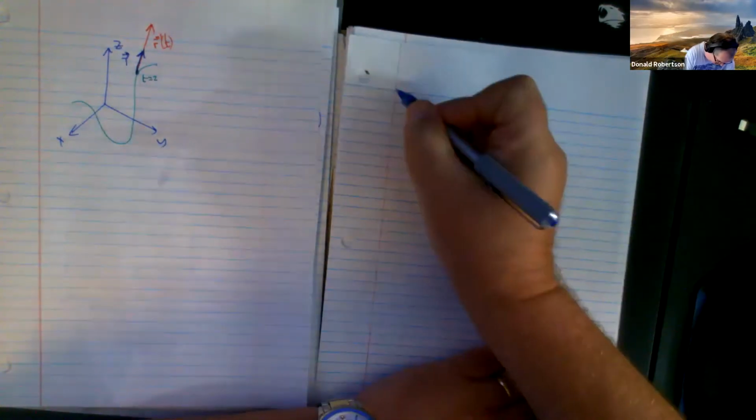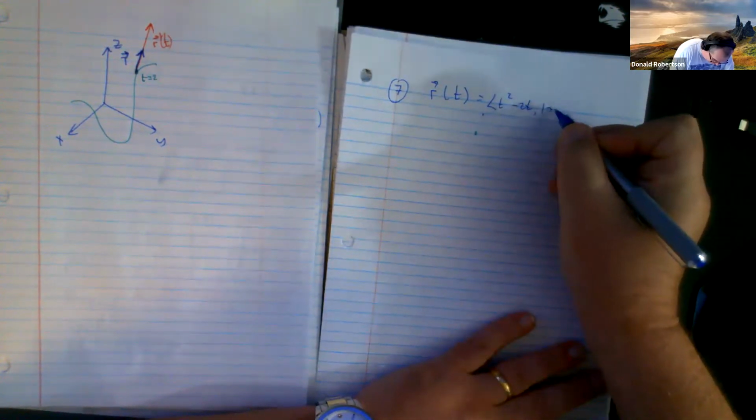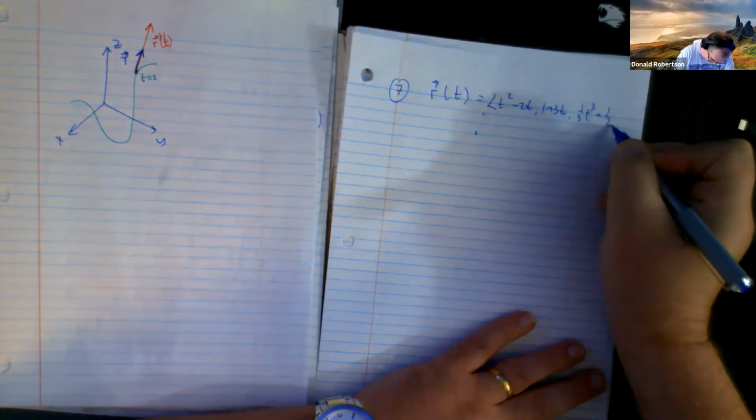So this is question 7, and we're given a space curve. It's a nice polynomial, but I'm assuming they have played about with the numbers to make it a little more user-friendly at the end.